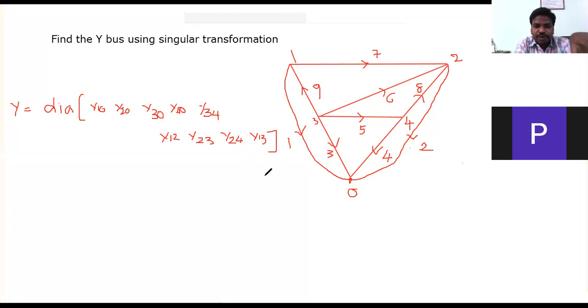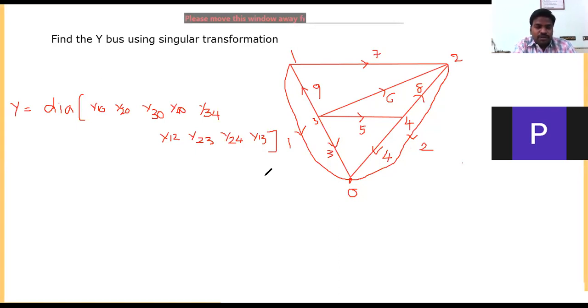He has mentioned dia, which is indirectly a hint that you need to consider all those elements in diagonal form. So what is the size of the matrix here? What is the size of the matrix?